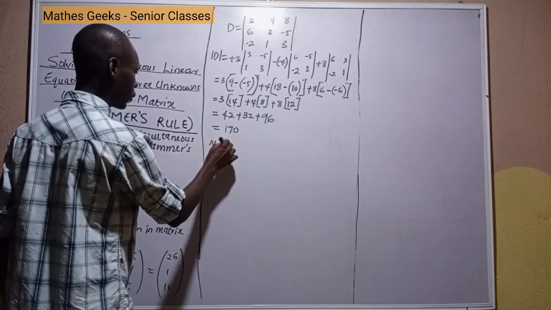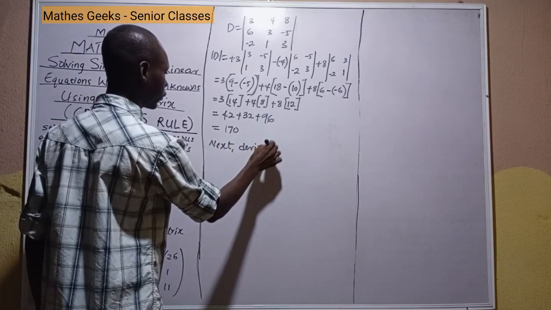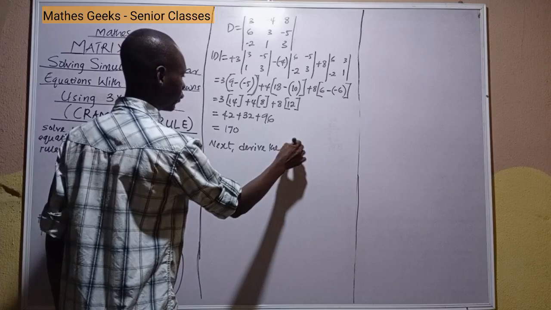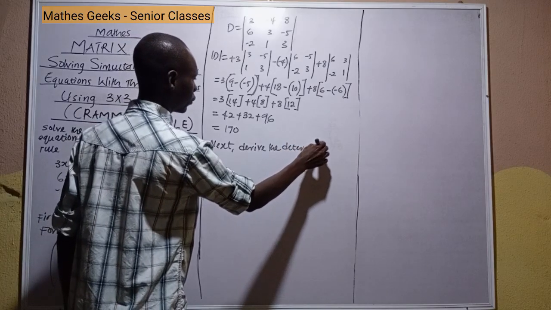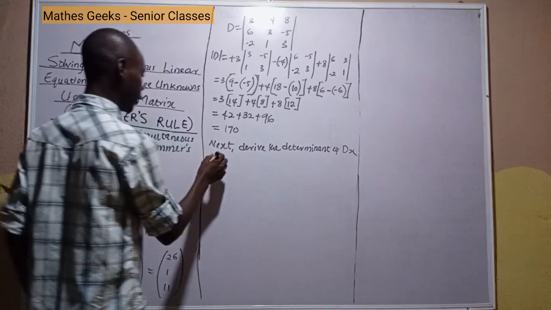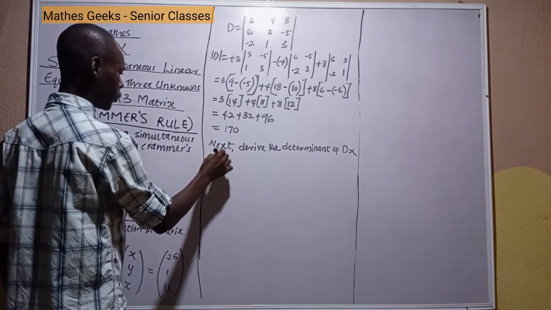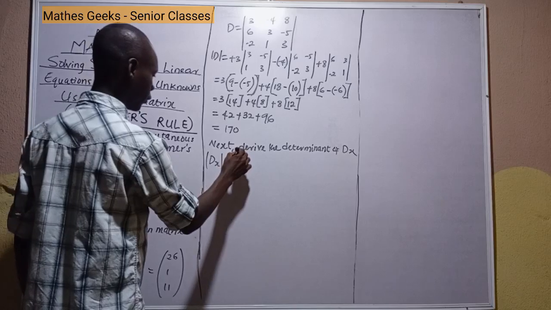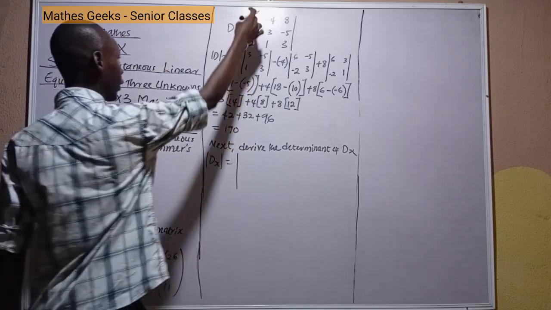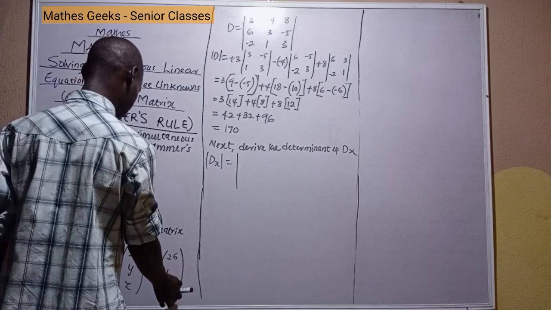Next, derive the determinant of dx. For dx, we're going to replace the x column by the right-hand side column.